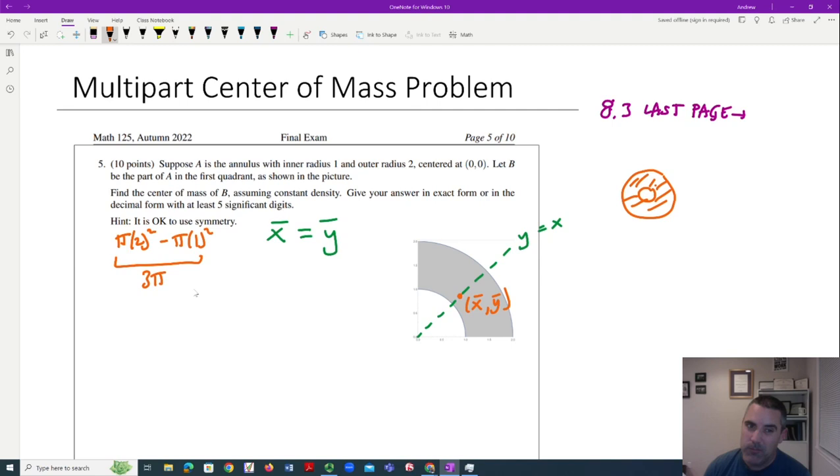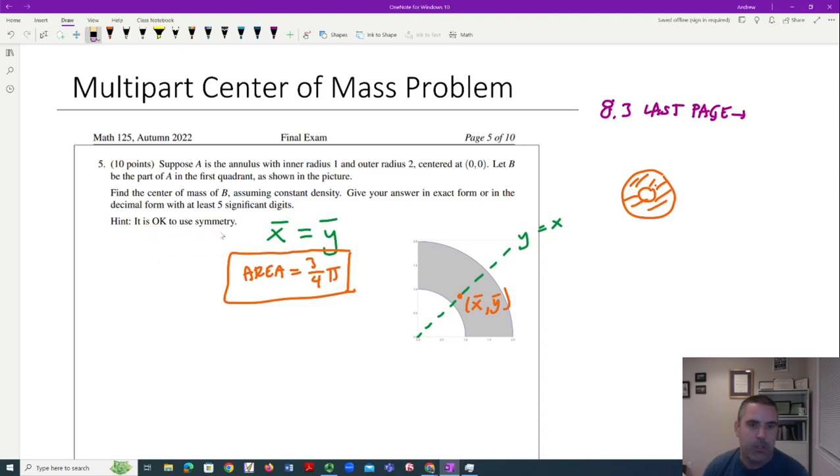We're doing a fourth of it, so the area of this picture is 3/4 pi. Some of these questions, I think they're hard questions. I think the person who wrote it thought, well, at least I'm giving them the area. So you'd want to make sure you do that right away. Okay, so that's what's going on. Same thing happened actually in both of those examples from my test prep.